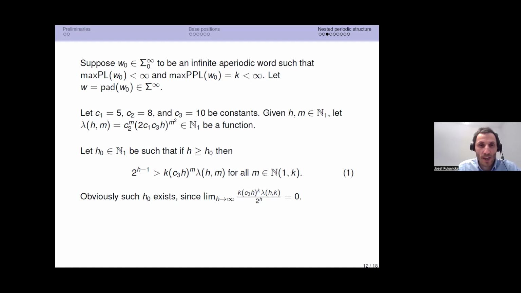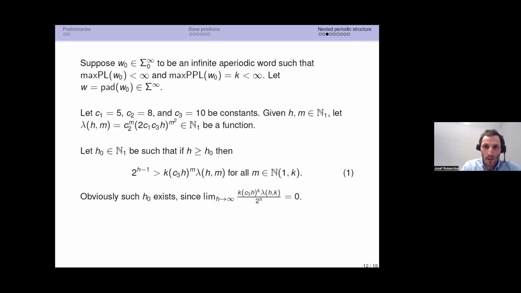So here I select some minimal value for the h. The meaning of the h will be, as it was presented a couple of minutes ago, the number of the non-periodic palindromic prefixes. So here I derive the minimal value of the h. This is the h0, such that my result applies.